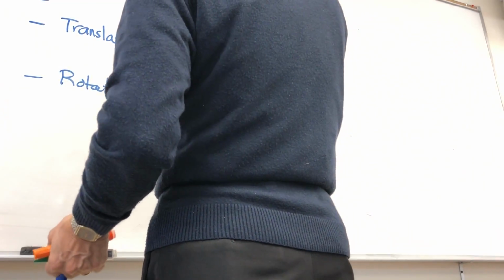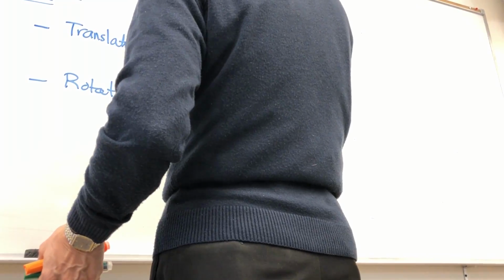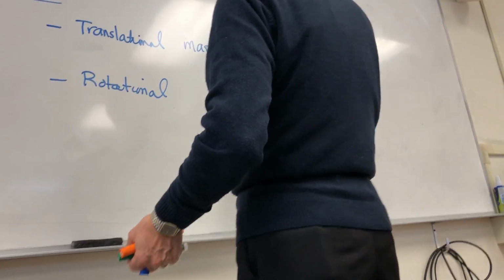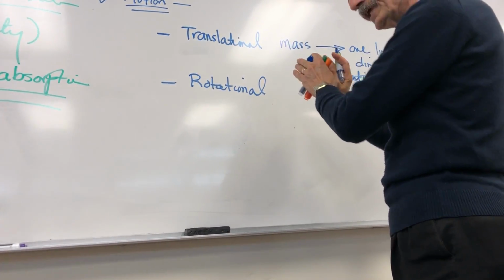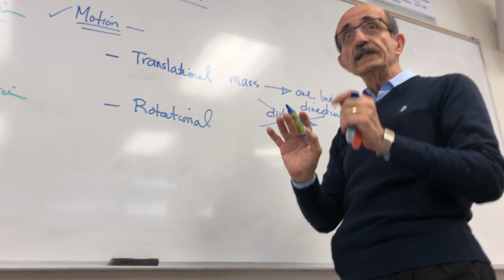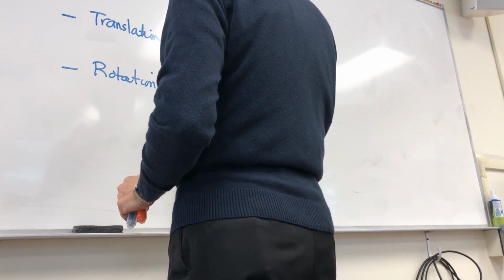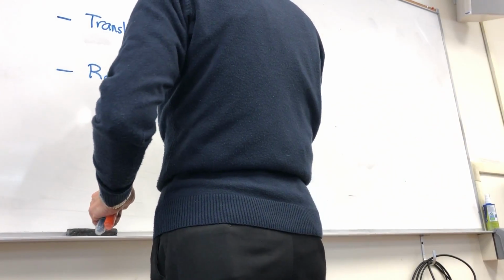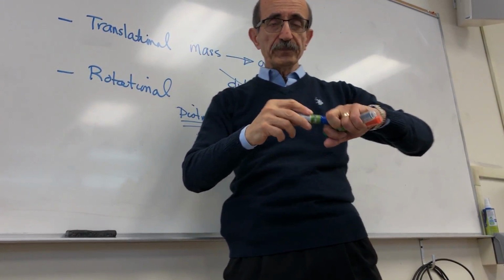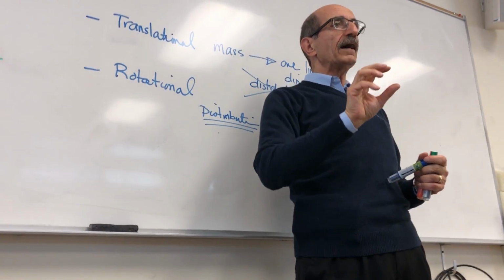In the rotational motion, in other words, let's say distribution is not important. On the other hand, in the rotational motion, what really matters is the distribution, or how that mass is distributed about the center of mass.